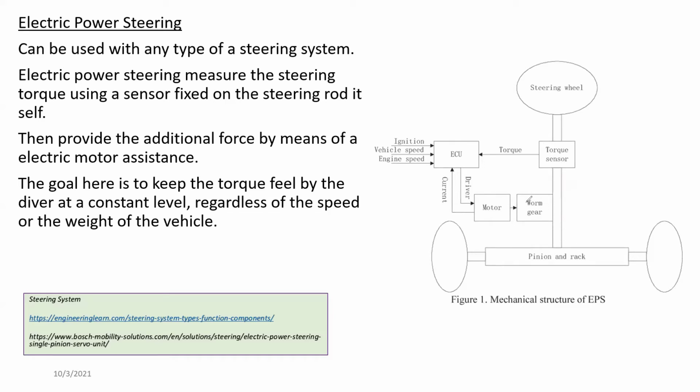So it's like when you are trying to turn, there's another person who's actually turning your steering. But instead of a person, there's an electric motor which is geared to your steering shaft.